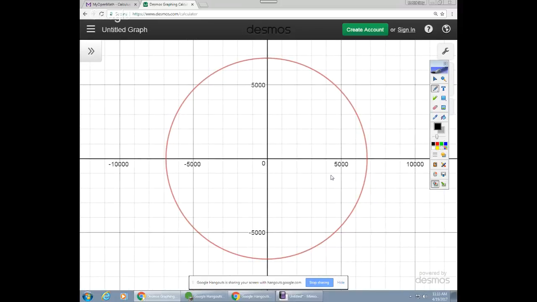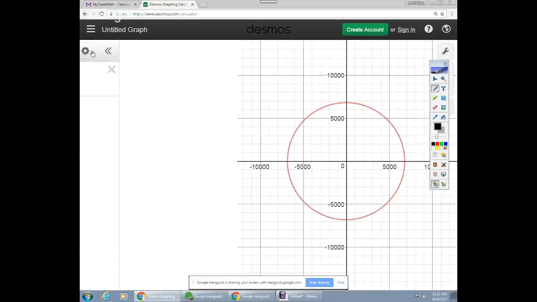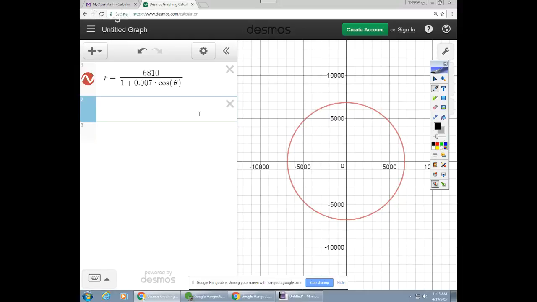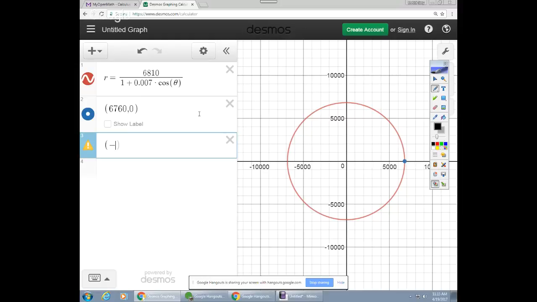Okay, so just some other things I want to take a look at. I'm going to plot the points, and, again, one flaw in Desmos is I can't do polar points, but I should have pretty darn close the point 6,760, 0 should be that closest point on the right, and the furthest point on the left for x would be a negative 6,860, 0.